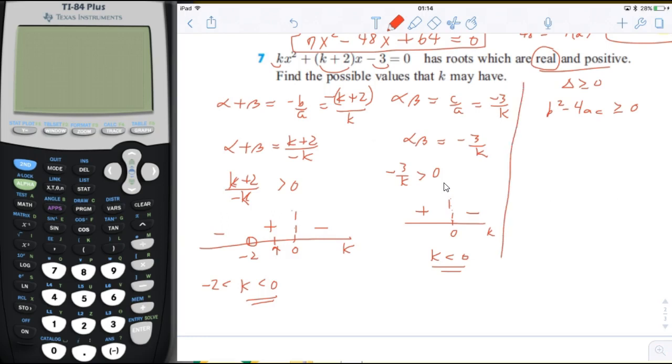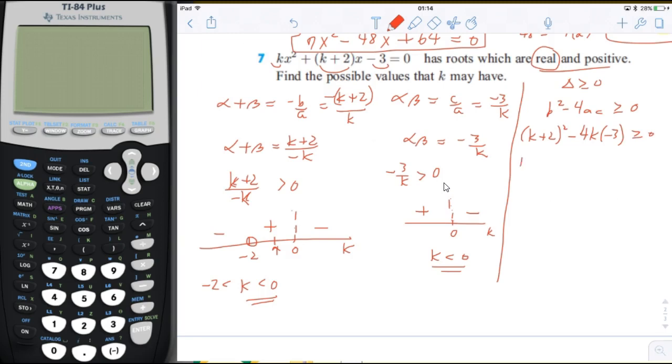So I bet we can write that using k plus 2 and negative 3. So let's do b squared, which is k plus 2 squared, minus 4 times a, which is 4, times c, which is negative 3.